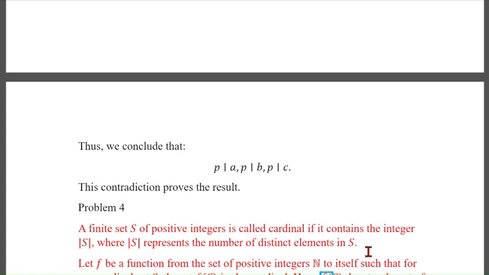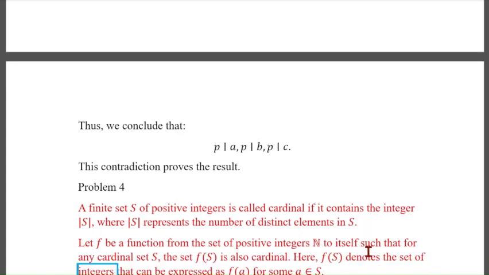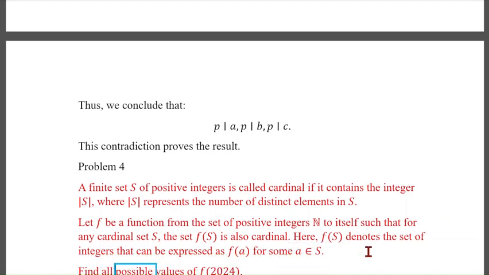Here, f(S) denotes the set of integers that can be expressed as f(a) for some a element of S. Find all possible values of f(2024).